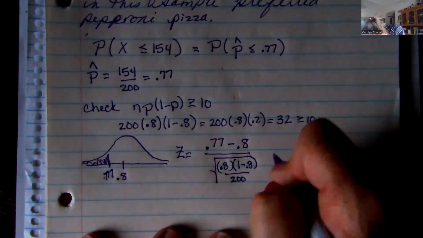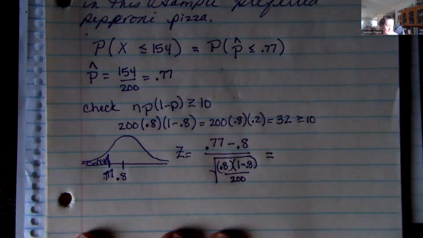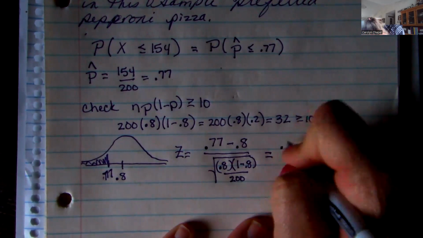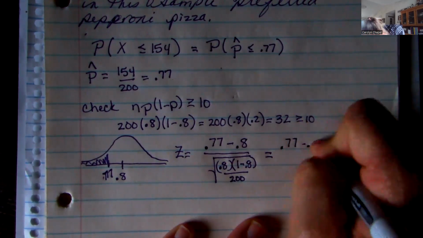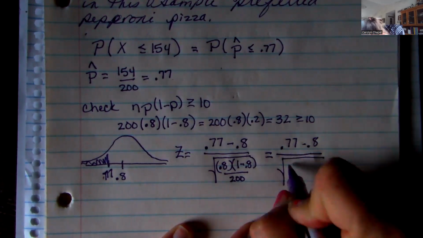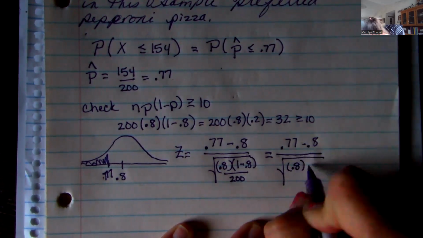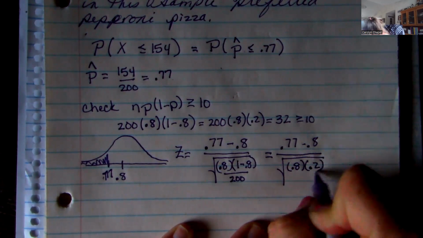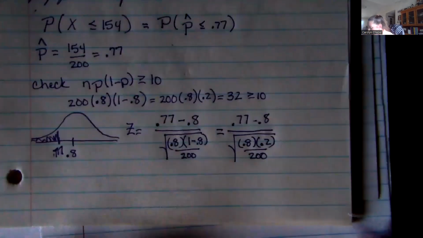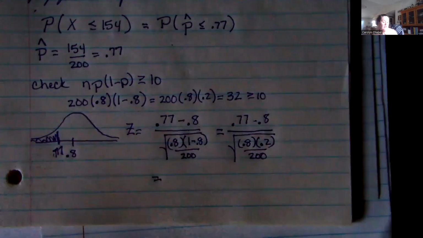I am going to clean this up a little bit: 0.77 minus my 0.8, all over the square root of 0.8 times 0.2 over 200. And I'm going to let my calculator do the work.